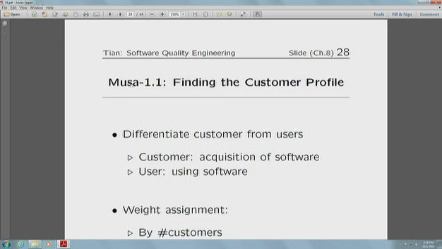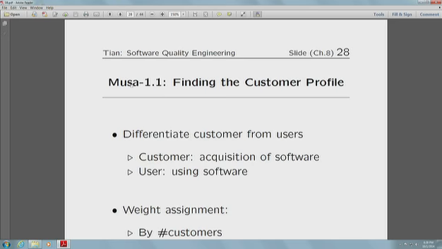For example, with Blackboard, we have instructors, students, graders, system administrators, and supporting staff, people like Deborah, who's helping us with distance education support. So we do have this distinction between the customers and users.